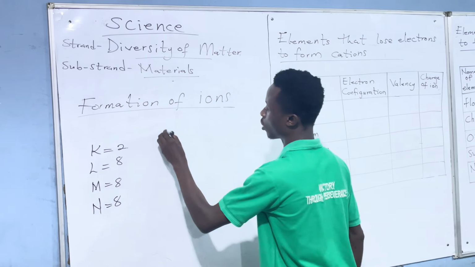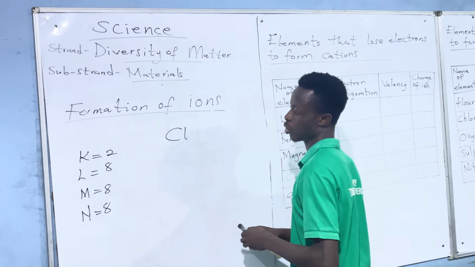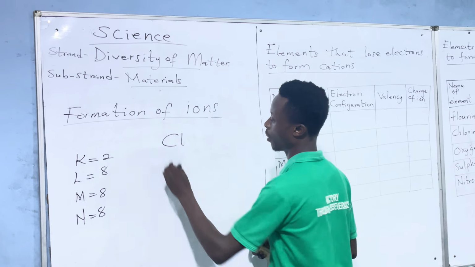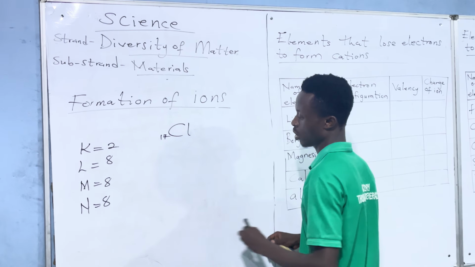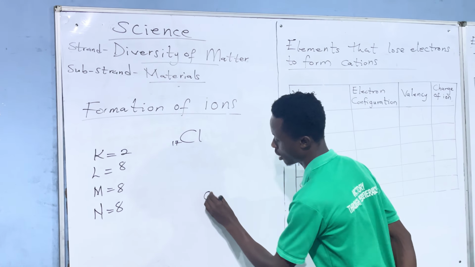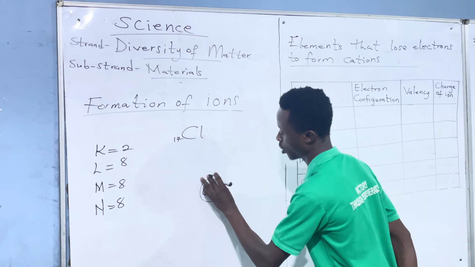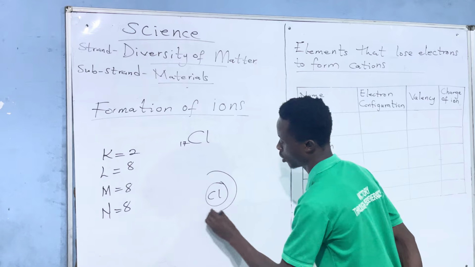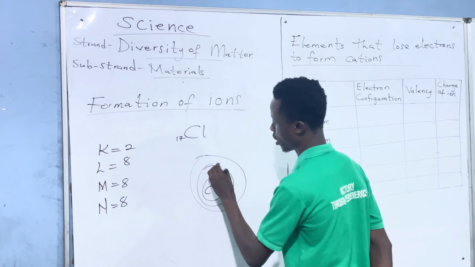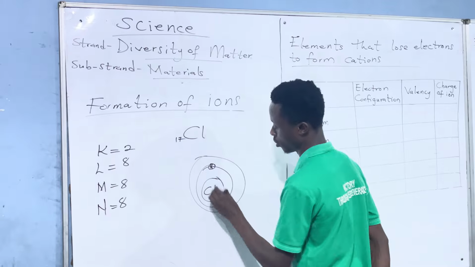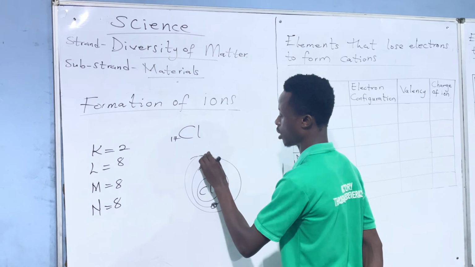Let's look at another element. We will take chlorine. Chlorine is atomic number 17. So let's draw the chlorine atom. The first shell will take 2 electrons. The second shell will take 8.